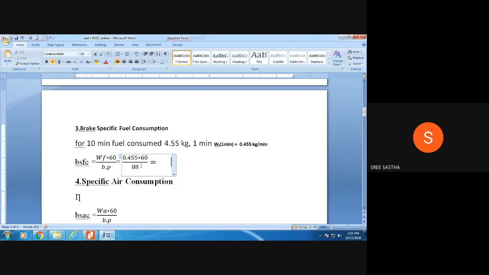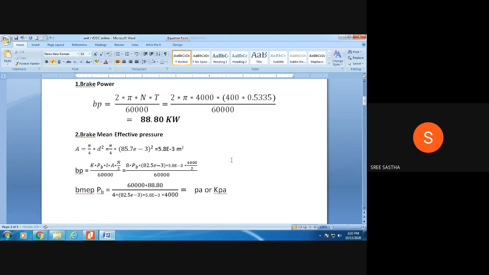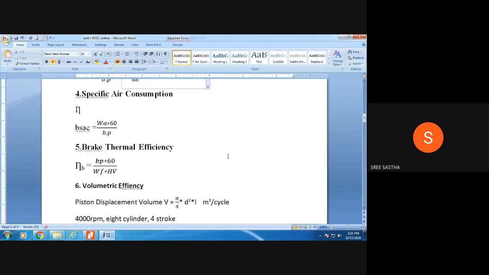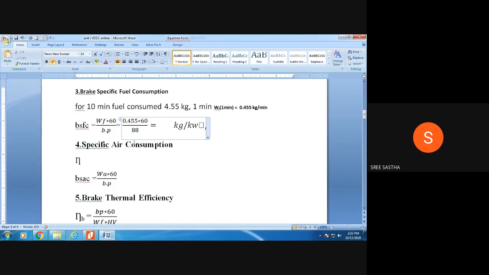The unit, as I told you in yesterday's class itself, is kilogram per kilowatt hour. Last class you might have seen: brake specific fuel consumption is kilogram per kilowatt hour.